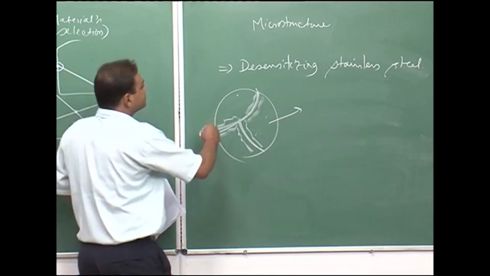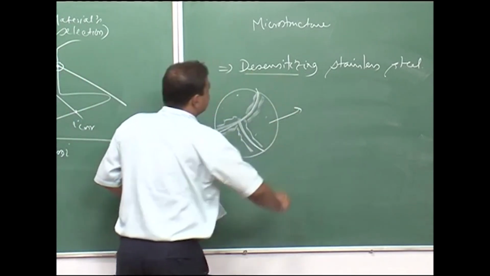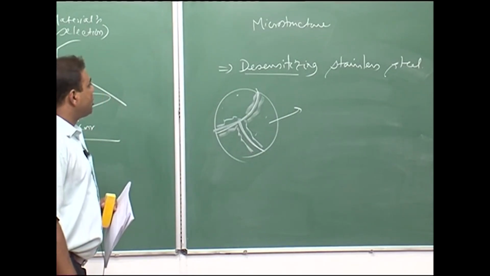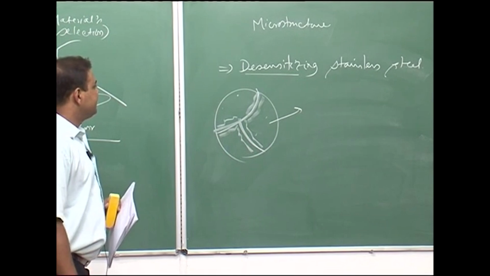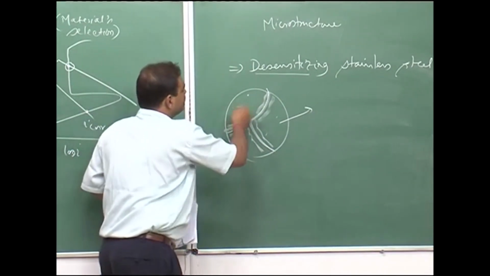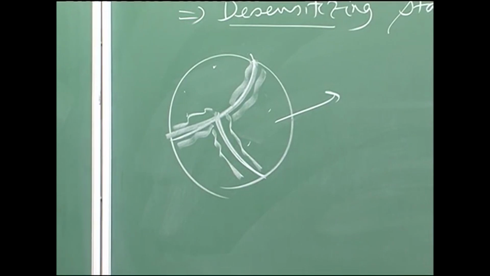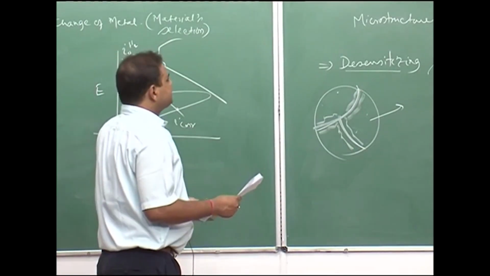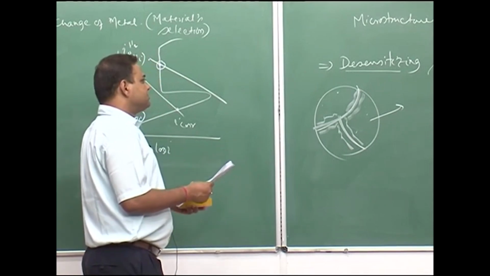So, by changing the microstructure we can desensitize the stainless steel, or the sensitized stainless steel can be made into a normal stainless steel where this intergranular corrosion can be avoided. So, this is one excellent example of how a change of microstructure can lead to improved corrosion resistance.